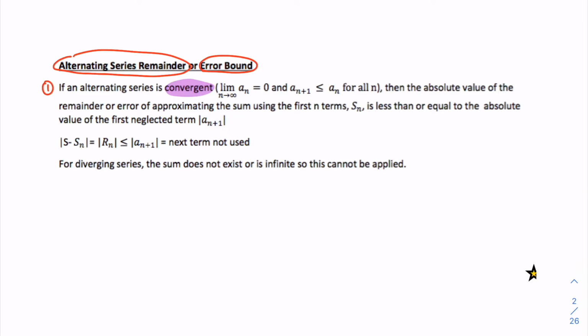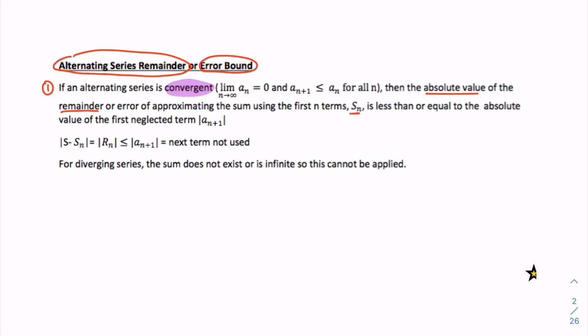Then the absolute value of the remainder, or the error of approximating the sum using the first n terms, s_n, is less than or equal to the absolute value of the first neglected term, a_(n+1). It's a little bit long, this sentence.